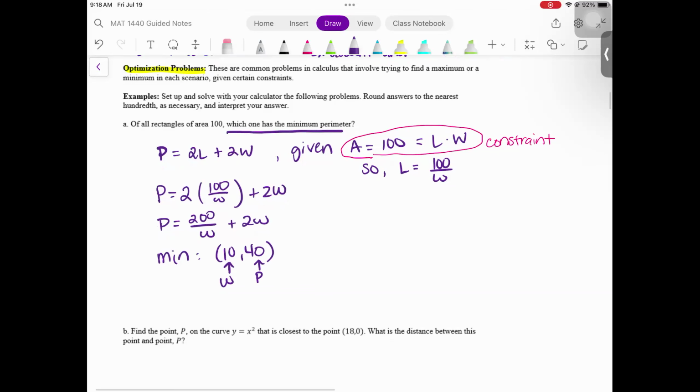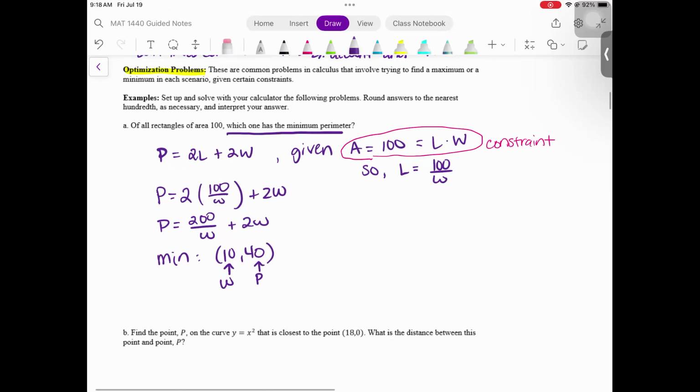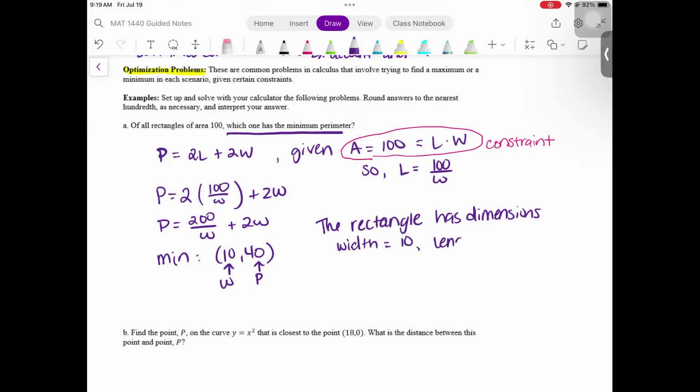So the rectangle that has an area of 100, that has a minimum perimeter, has dimensions: width is equal to 10, which means that the length, if I do 100 divided by 10, is 10.